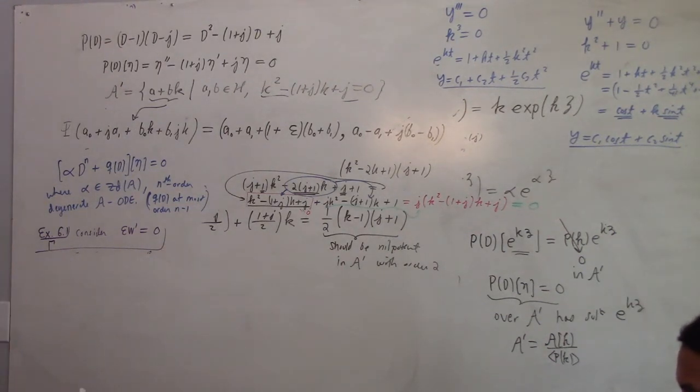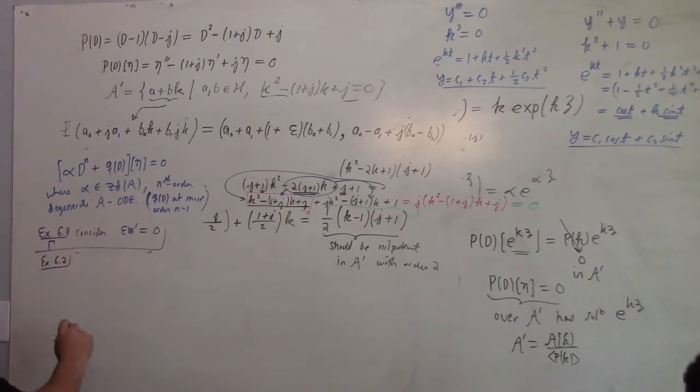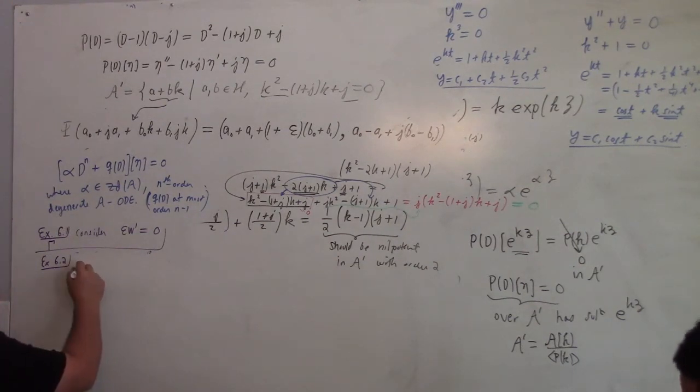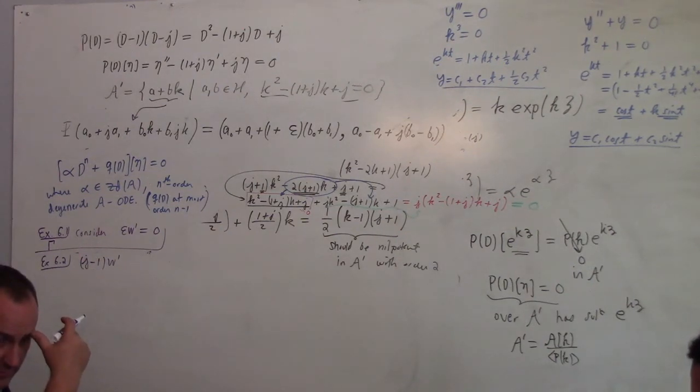Example 6.2. We have j minus 1 times w prime equal to 0.